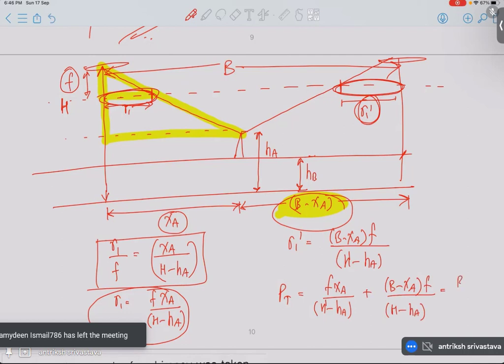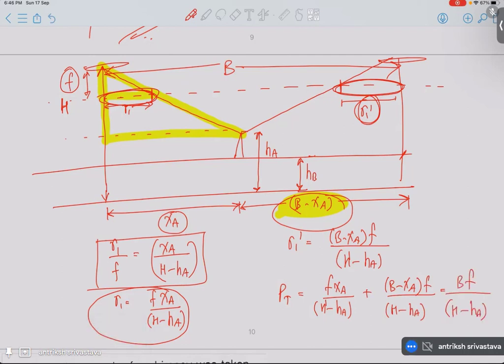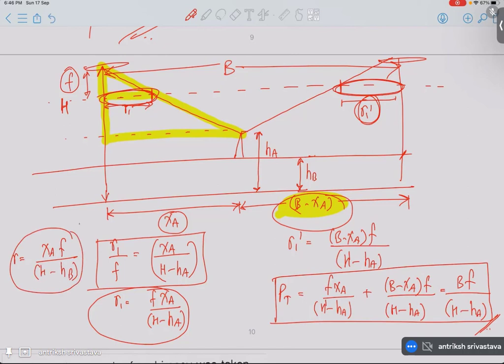If you add, this will be b f by h minus ha. This is the formula for parallax. So we have been given the parallax for the top and parallax for the bottom. Similarly, if you do the same thing, we have already written the formula for r1. For the bottom it will be nothing but xa f divided by h minus hb, right?